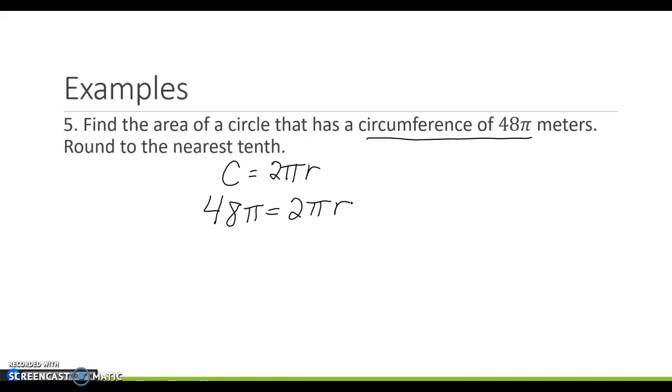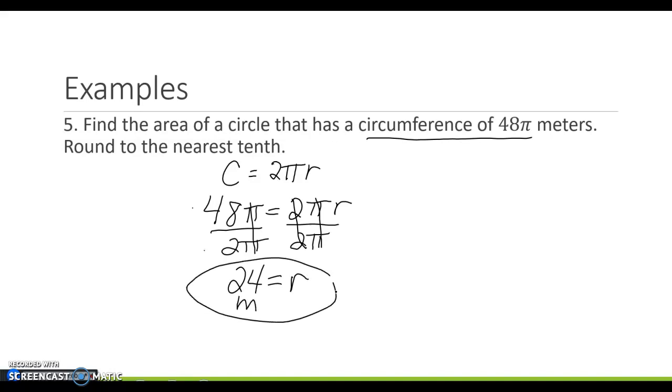And I need to solve for r. So I'm going to divide both sides by 2 pi right away. The pi's simplify out on both sides. So then I just end up with 48 divided by 2, which is 24. So now I know that my radius is 24 meters.